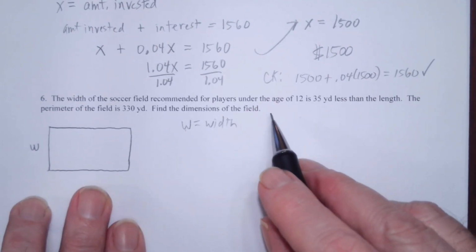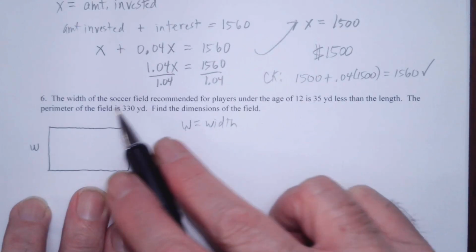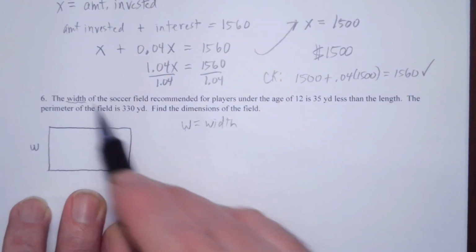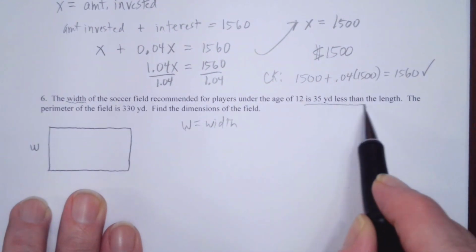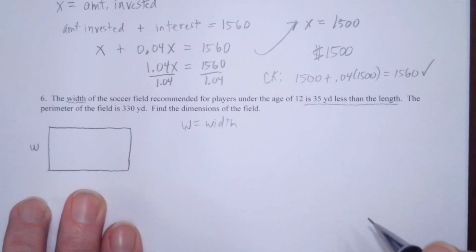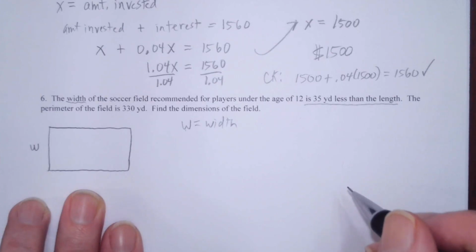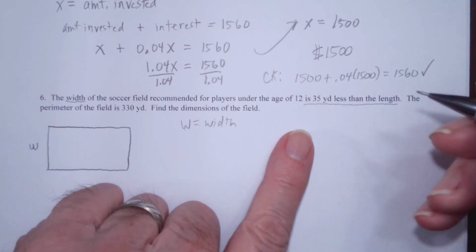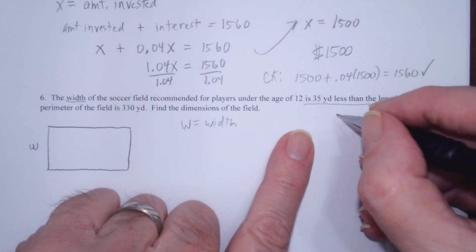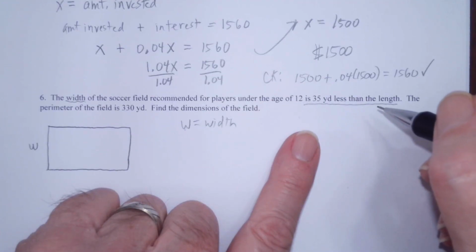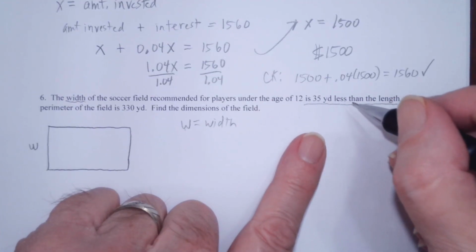Now it says the width is 35 yards less than the length. So let's see, it's actually the way that this problem is written.